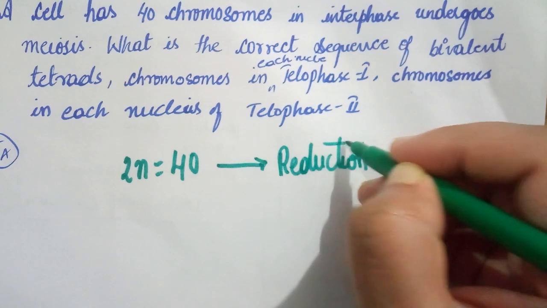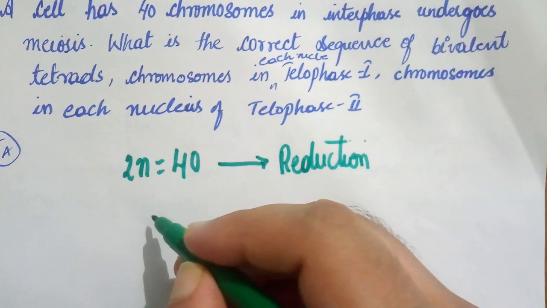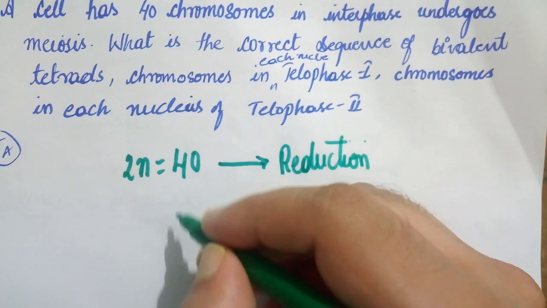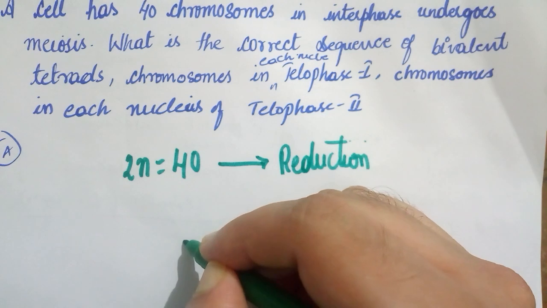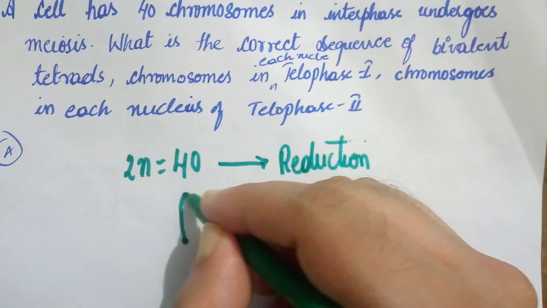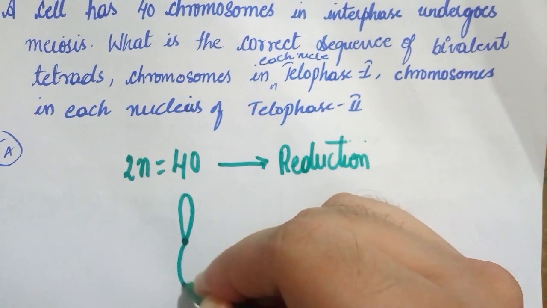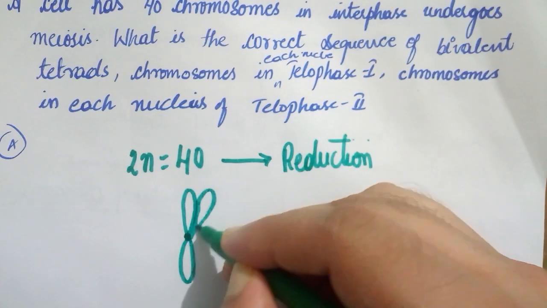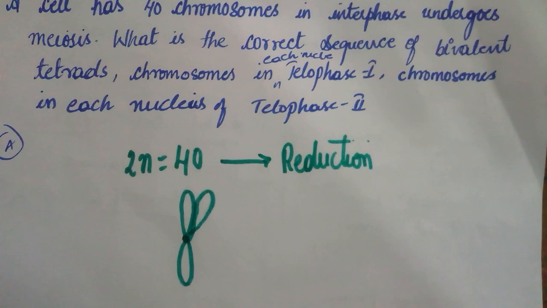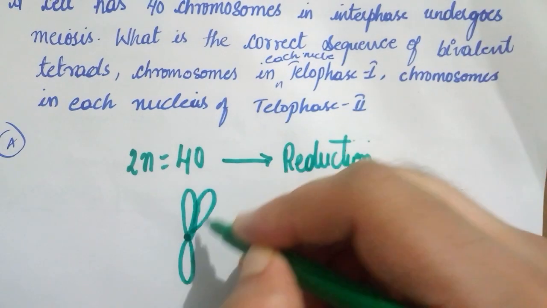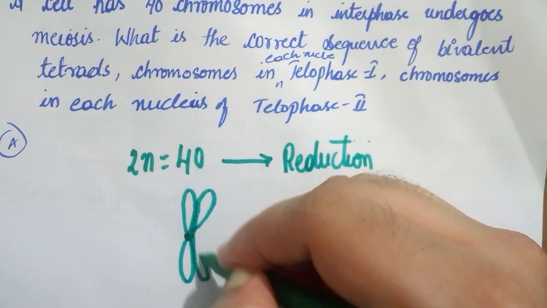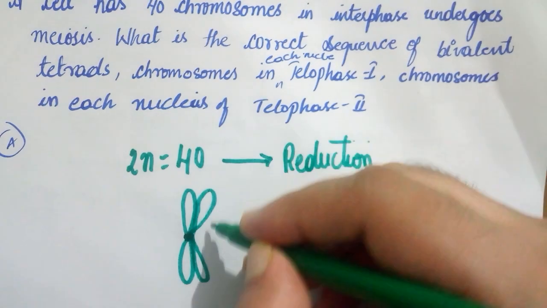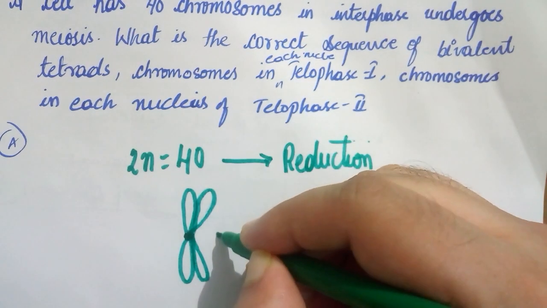When it is undergoing reduction division, they are asking how many bivalents are there. Now first we should understand what is a bivalent. Okay, now we know homologous pair. Now this is a homologous pair that I am drawing here. This is one chromosome with two chromatids.